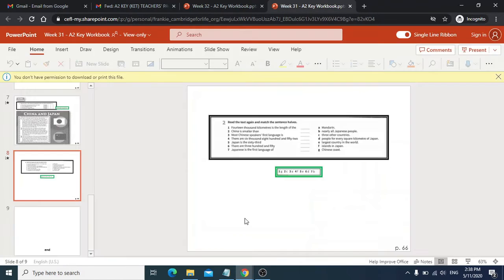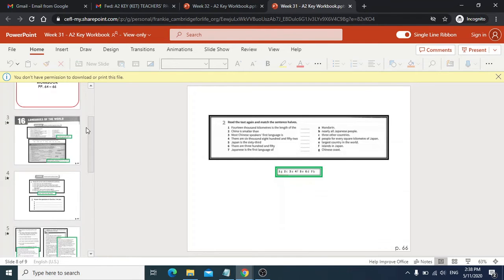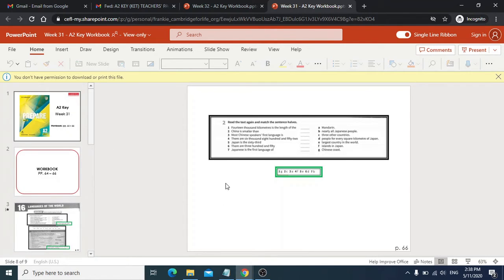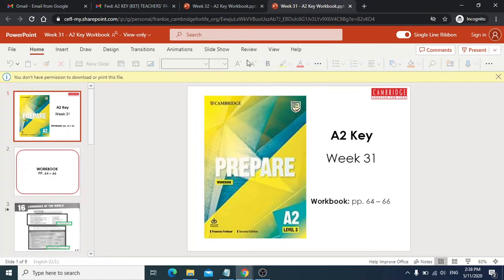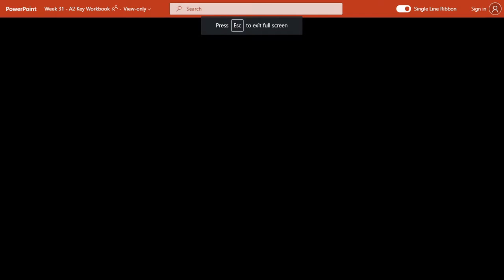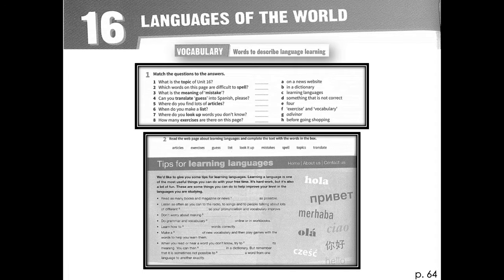The first page of what we need to do for Unit 16. Unit 16, Languages of the World. This is vocabulary, words to describe language learning.